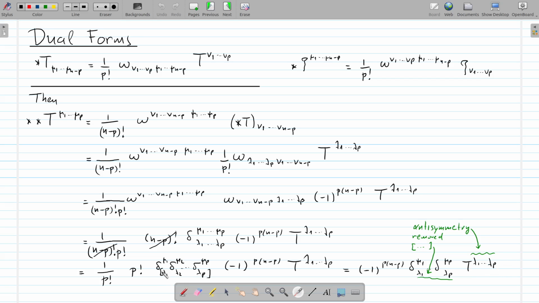So contracting with the antisymmetrization will give the same result as without the antisymmetrization.